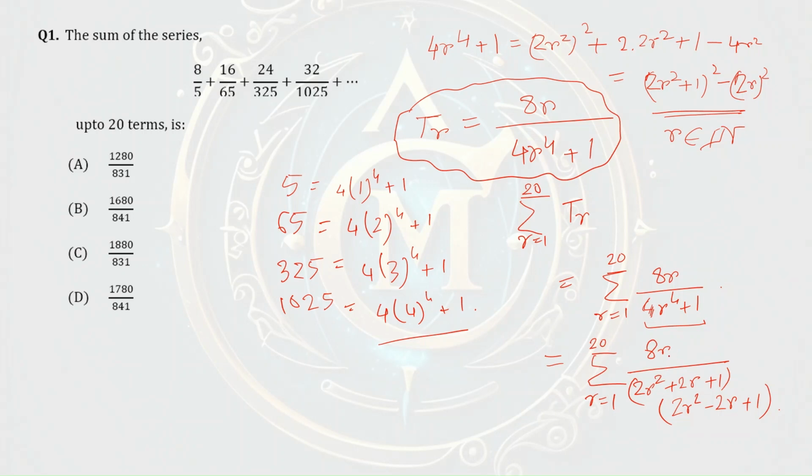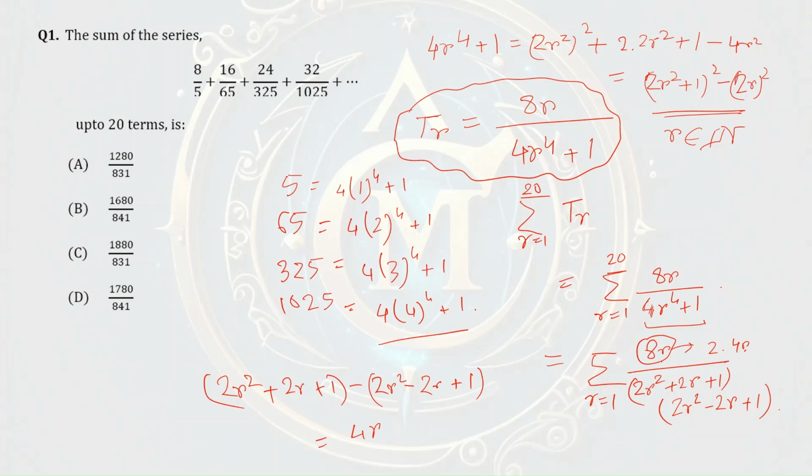Now we have to evaluate this summation and express this as the difference of these two factors. So how do we do this? We observe that 2r square plus 2r plus 1 minus 2r square minus 2r plus 1, if we subtract them, we will get 4r. So this is nothing but 2 times 4r.